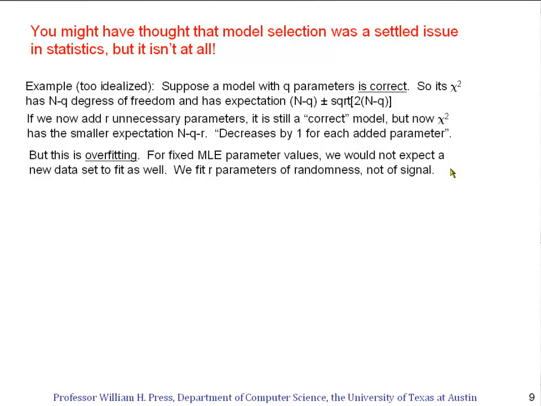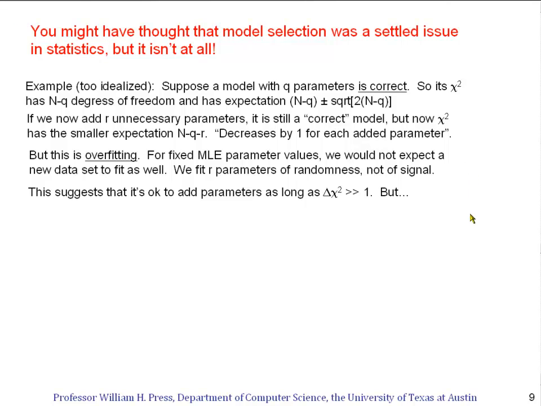But if we went off and found a new data set, we would not find that these same best values of the r parameters did us any good at all, because we'd have a different set of noise in the data, and the r parameters fitted from the previous data would simply not be applicable. And that's what overfitting is about.